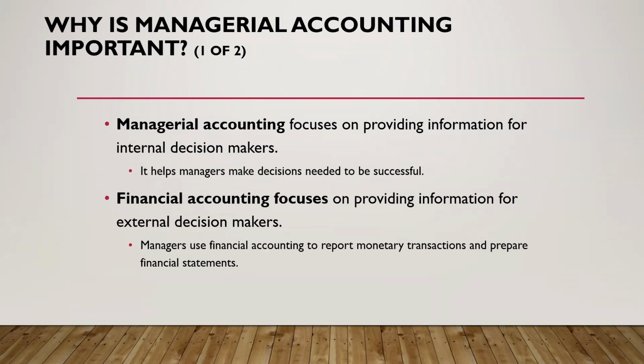Well, managerial accounting focuses on providing information for internal decision makers, aiding managers in making crucial decisions essential for success. Financial accounting, on the other hand, aims to provide information for external decision makers.